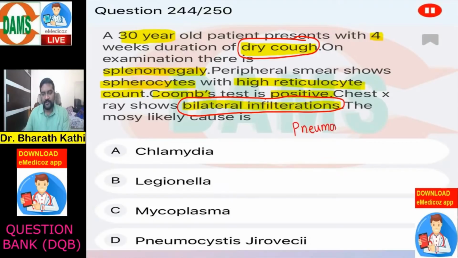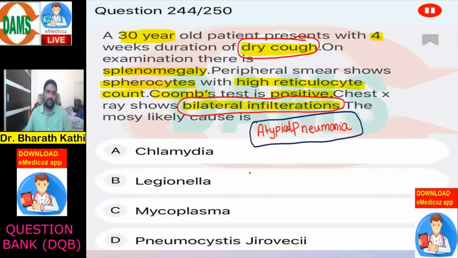The usual presentation of pneumonia can include fever, and because of infection, proliferation of microorganisms within the alveoli and accumulation of inflammatory cells, all this will result in secretions that result in productive cough. But here it is a dry cough. So whenever there are features of pneumonia and it is a dry cough, generally it is an atypical pneumonia. So in the given question, the possible problem happening in the patient is atypical pneumonia.